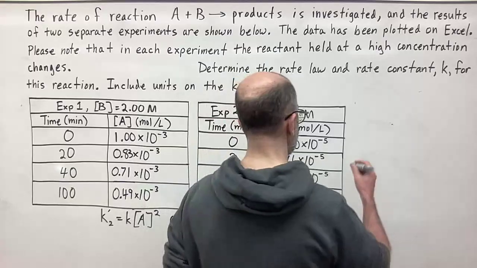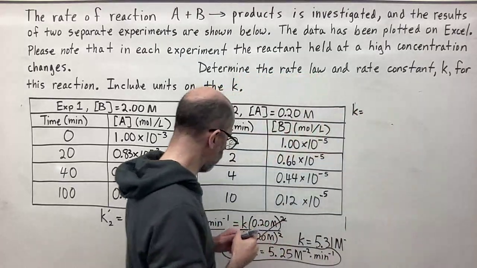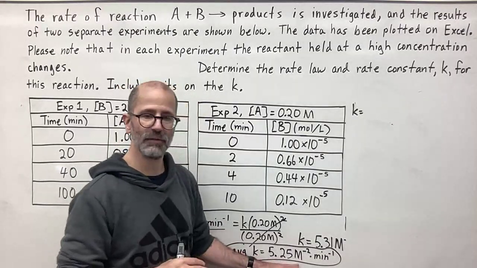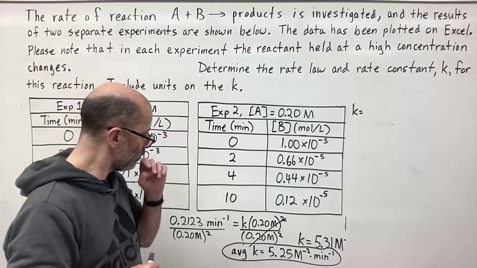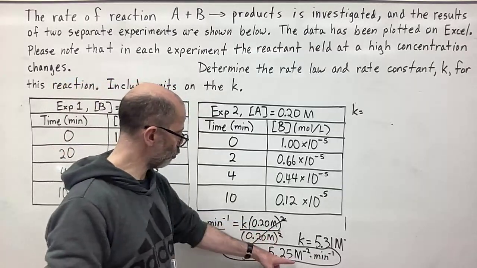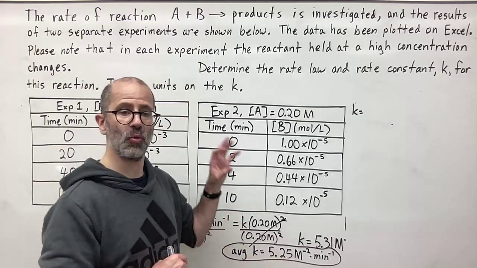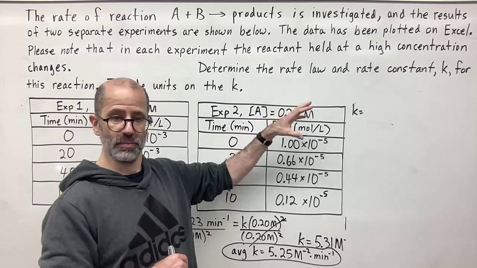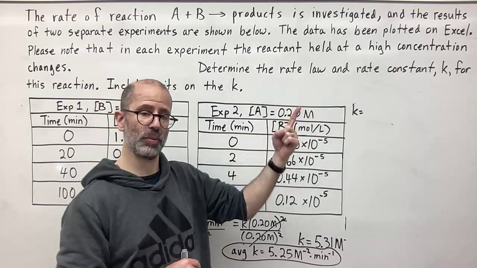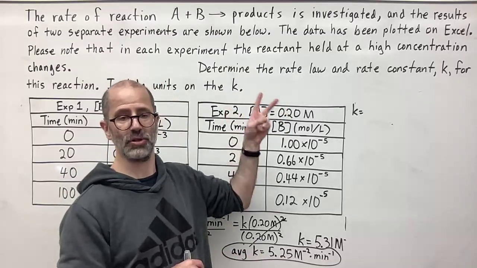So if we change that, we'll get k is equal to, oh, and one other thing I want to talk about is the number of significant figures. So when we added those together, the actual number would be only 2 sig figs, because one of our values only had 2 sig figs, which was 1 decimal place, and the other one had 3 sig figs, which was 2 decimal places.